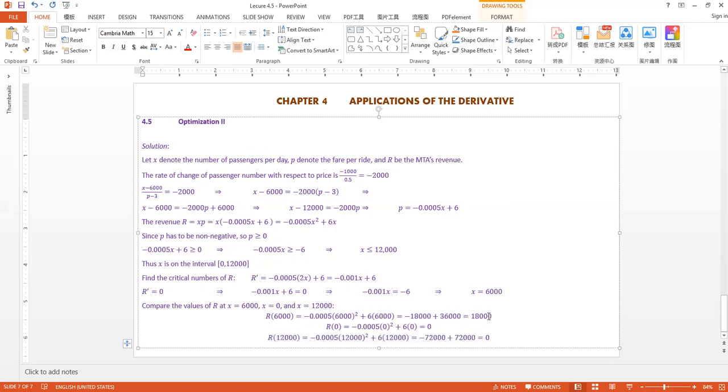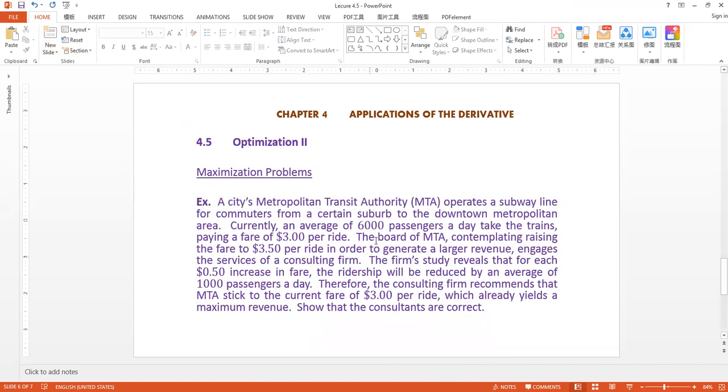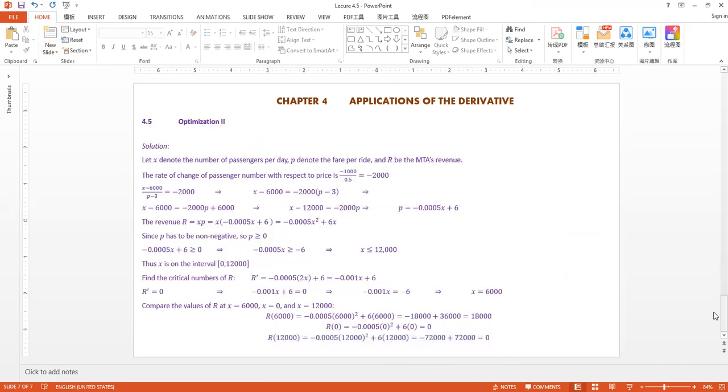So it indeed makes the maximum revenue at the current price and the current number of passengers. Remember, currently it has 6,000 passengers. So they don't need to change the price. In order to make the maximum revenue, they just keep the current price and the current passenger number.